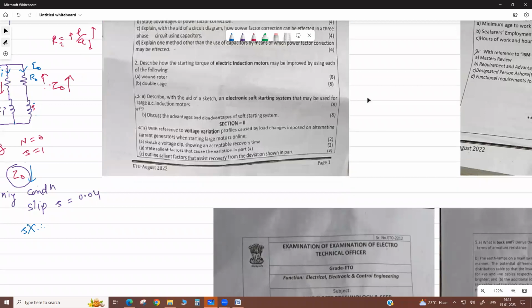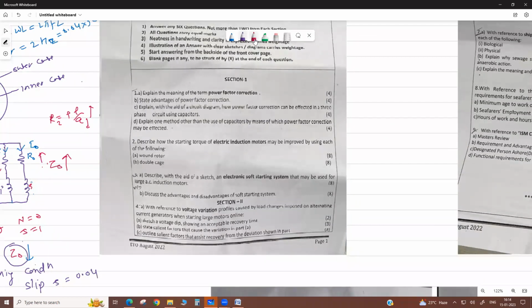Soft starter. In the August month paper, section 1, all 3 questions you can write easily: advantage, disadvantage of soft starter, where you compare with star delta. In star delta, the voltage suddenly changes. It is multiplied by √3, then motor gets a jerk. Second, transition.